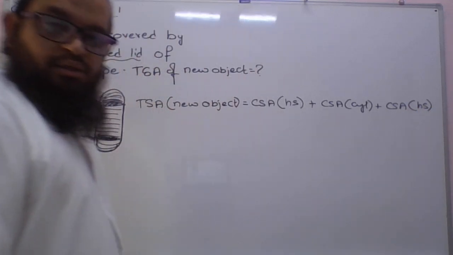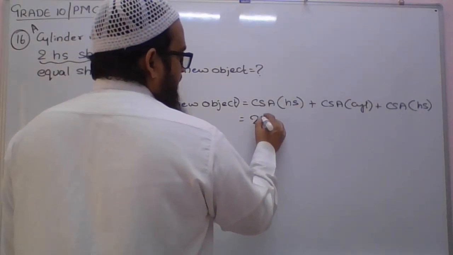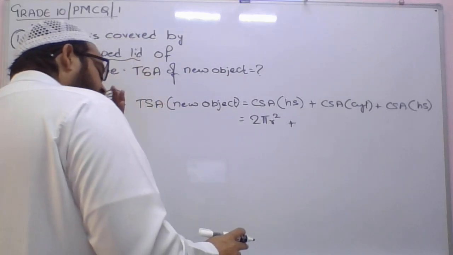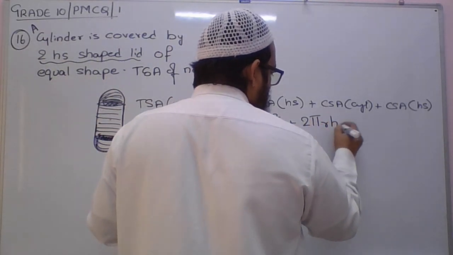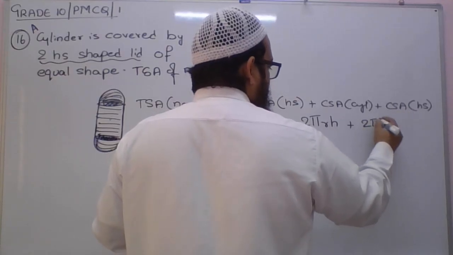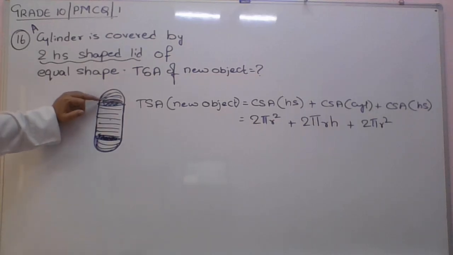Is it right? So what is the curved surface area of hemisphere? 2 pi r square, plus what is the curved surface area of cylinder? It is 2 pi r h, plus what is the curved surface area of hemisphere? 2 pi r square. So he has told us that the measurements are of equal shape.